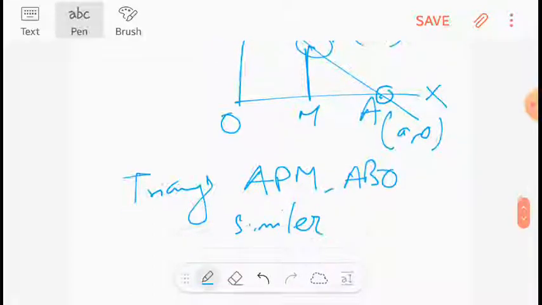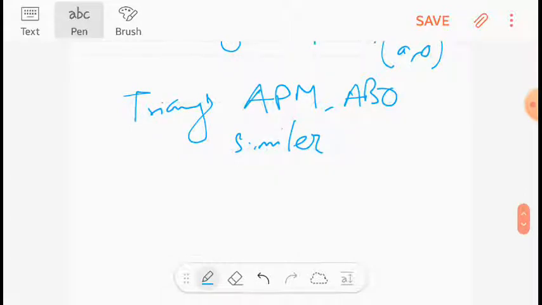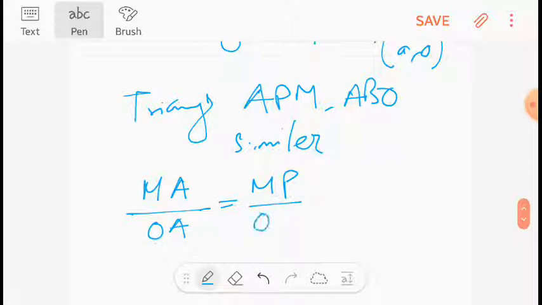So one similarity property has been used, that is MA divided by OA equals MP divided by OB.